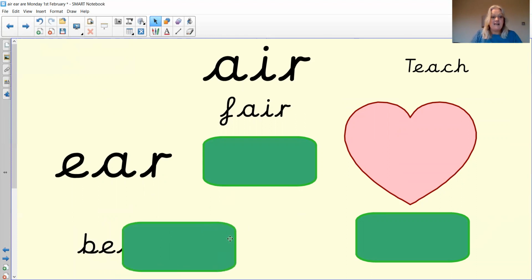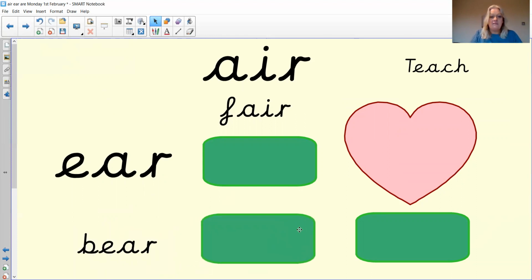Should we have a look what's under here? Look at that. So I've got a word, bear. So it's the air sound, but it's spelt with that E-A-R. So what about over here then? Mrs. Burton, I must be losing the plot. I can't have another air, can we? Let's have a look.